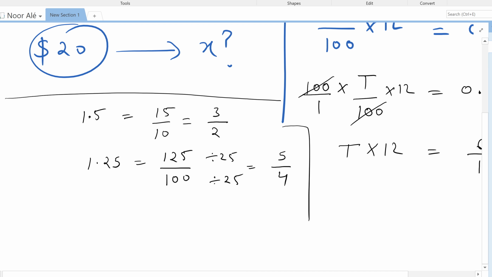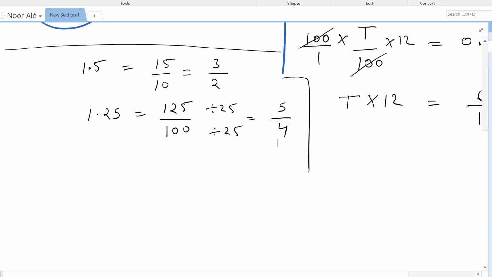And let me write a mixed number. The next expression is the mixed number form. 5 out of 4, sometimes they write 1 and a quarter. That's a mixed number. So 1 and a quarter, that's what we call it in layman's language. So $1.25 is the same as 1 and a quarter. And how do we convert it to this form?